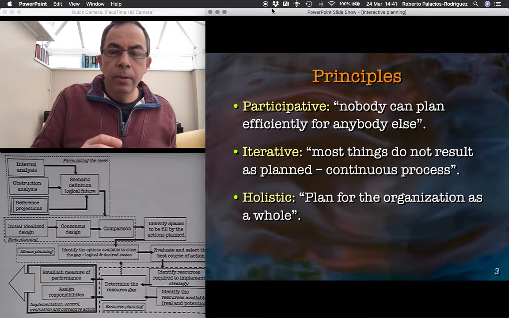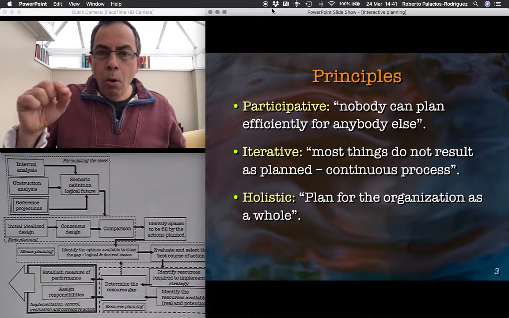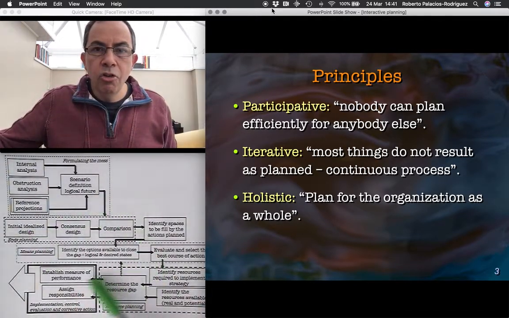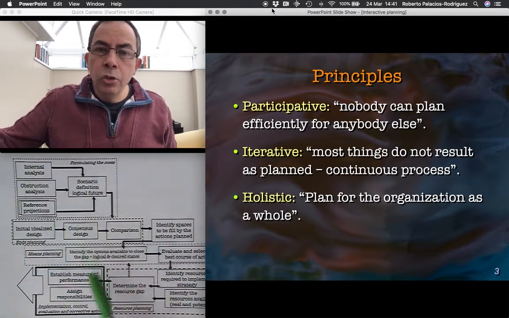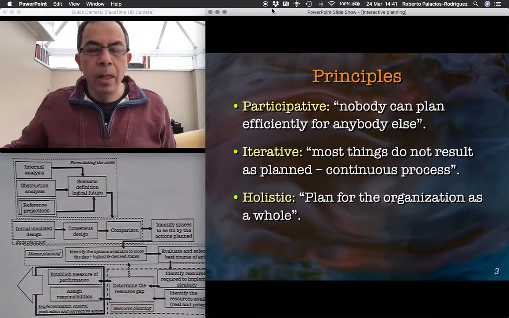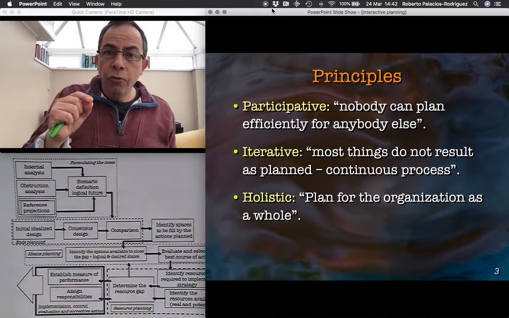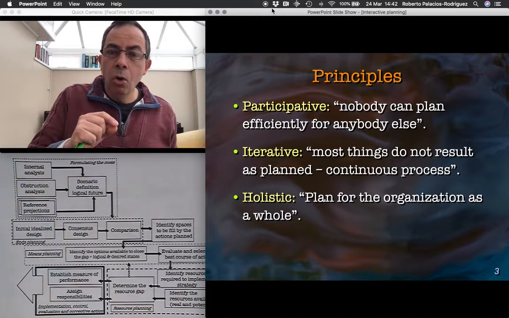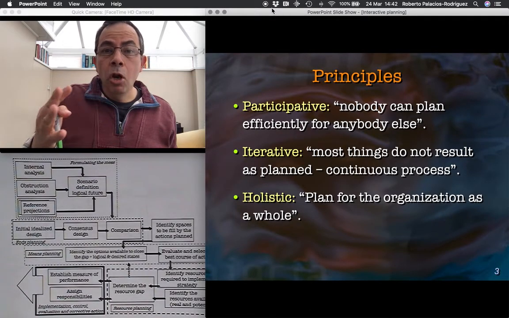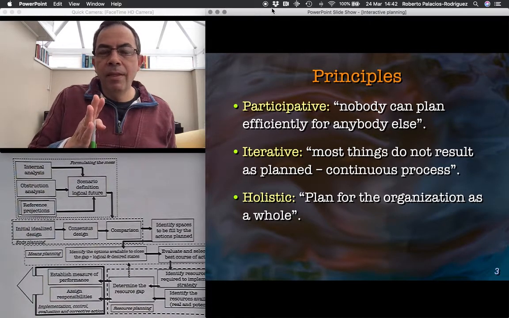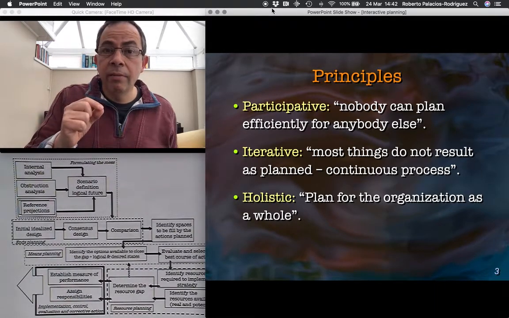The second principle is that it is an iterative process. So it has to be done once you run it, and then you go and start again so that you make sure you go where you want to go. Planning is creating a path, but more often than not, our plans go another way. There are stumbling blocks. There are things that divert our direction. And that's why you need to take corrective action.